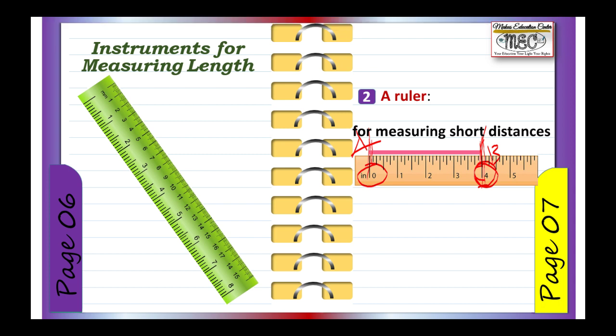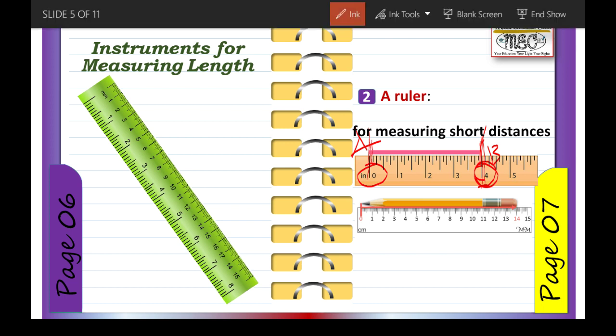You can have another example. For example, you want to know the length or the distance between the first end of a pencil, and the second one. You come with your ruler and then you measure it. As you see, when we measure, we put exactly the pencil at 0, and then we record the last point.